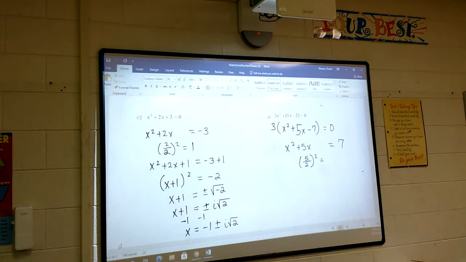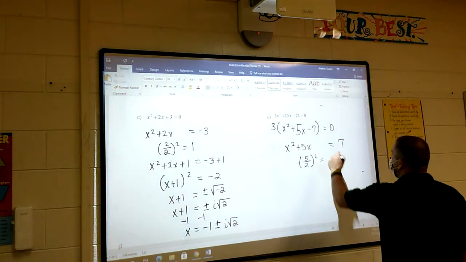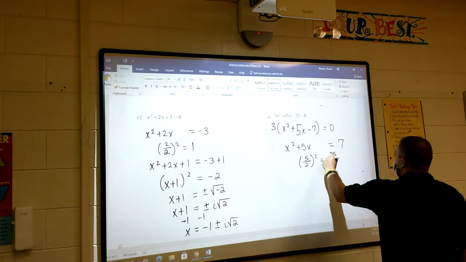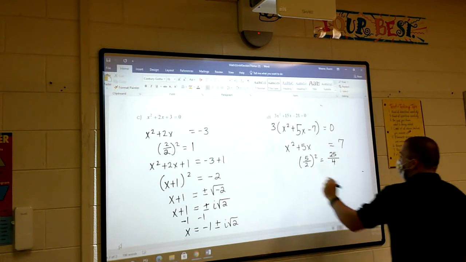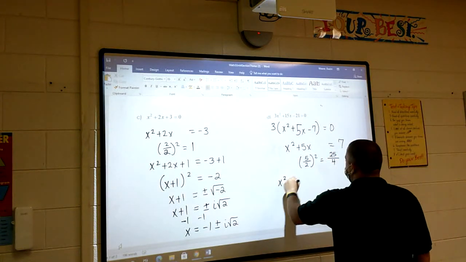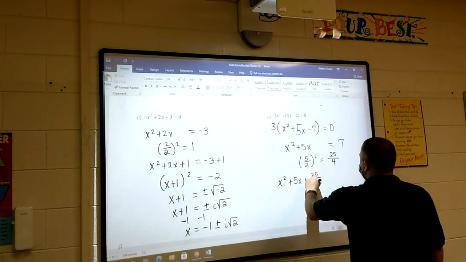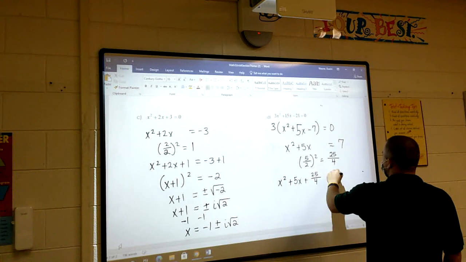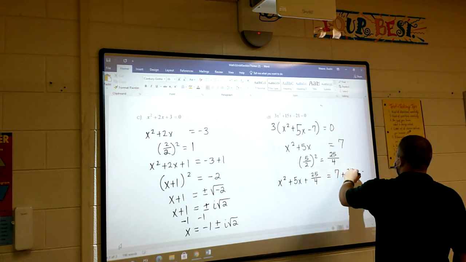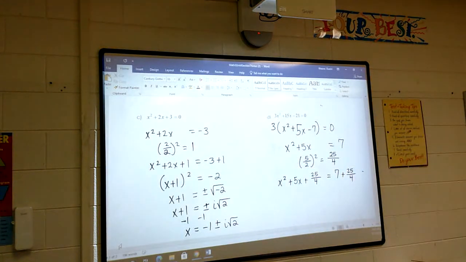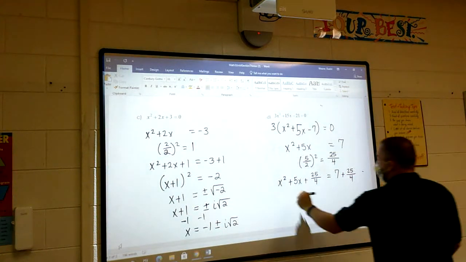So you can either write it as 6.25 or 25 over 4. Typically, they're going to leave it as a fraction. So we're going to add 25 over 4 to both sides. All right, now, what would I put in parentheses here?